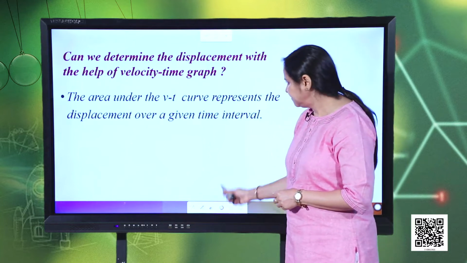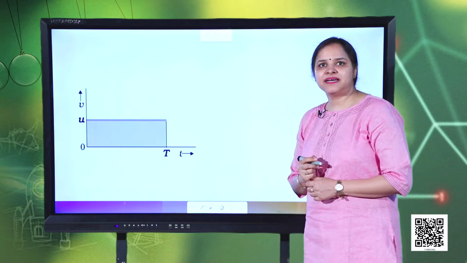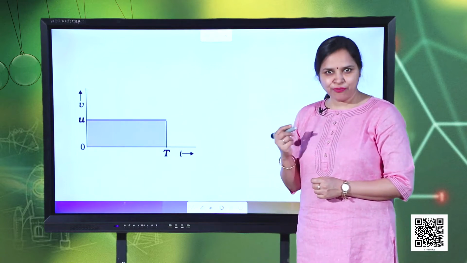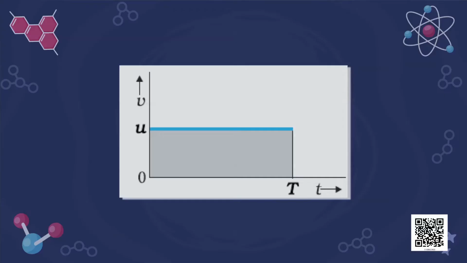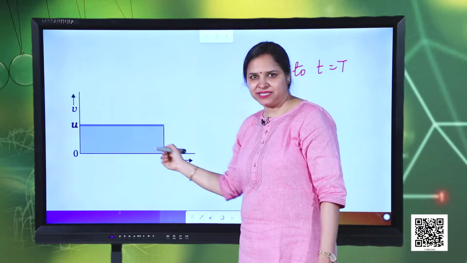For this, I consider a simple example wherein a particle is executing uniform motion, that is, it is moving with a uniform velocity u between the time interval of, let us say, t = 0 to t = t. This is how we plot the velocity-time graph.